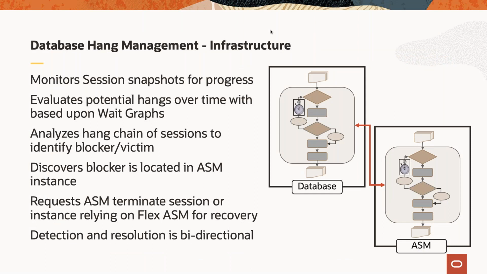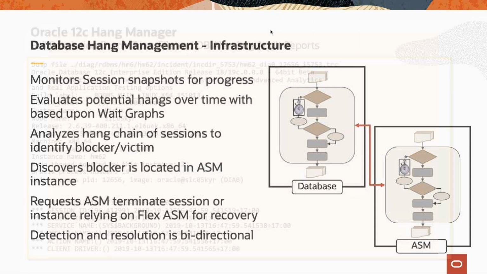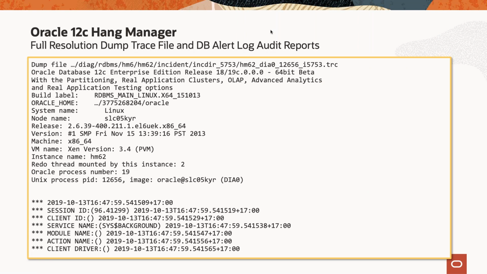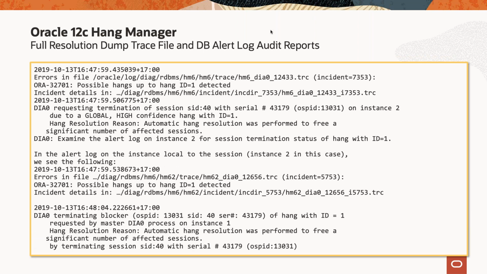It automatically detects which instance of ASM has the hang and kills the session in ASM so the database can proceed. That's a cool new 19c feature. In the log file, you will basically see that it has detected a hang and it is requesting termination of a particular process on a remote instance, and what is the hang ID and how sure it is.